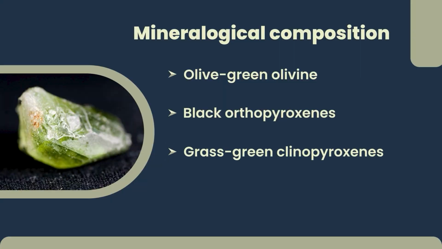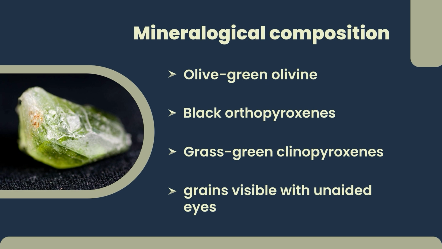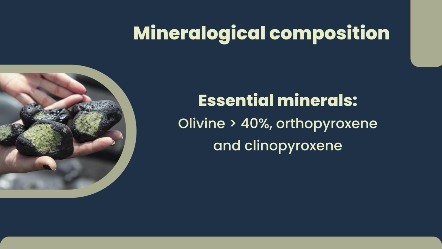Apart from these two minerals, there can be clinopyroxenes which are grass green in color, and grains are coarse enough to be visible with the unaided eye. So, these are holocrystalline and coarse grained rocks.